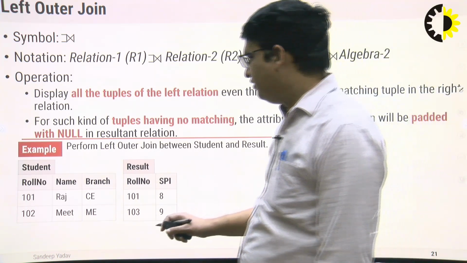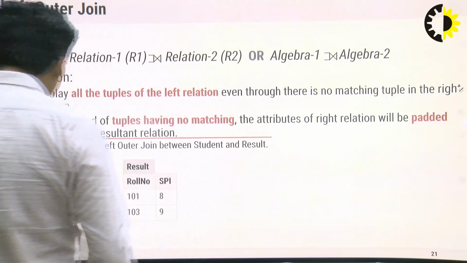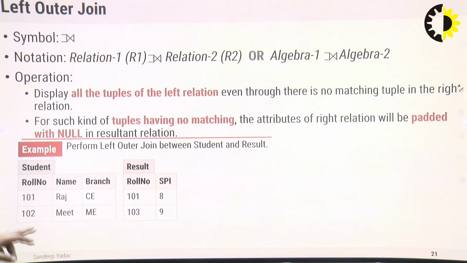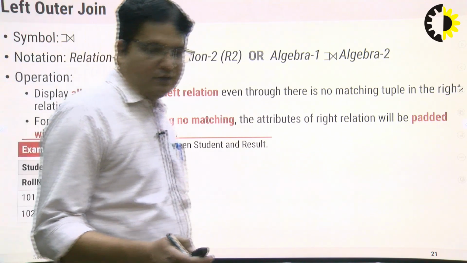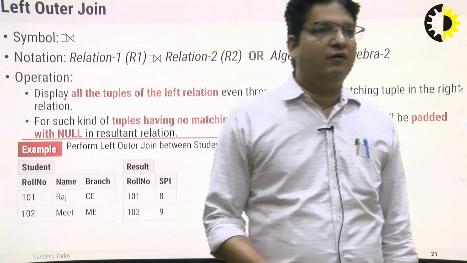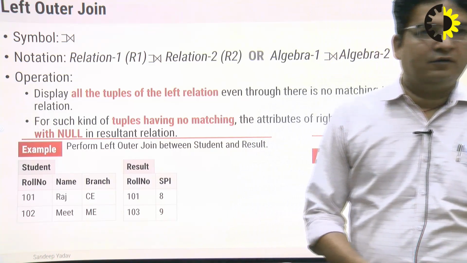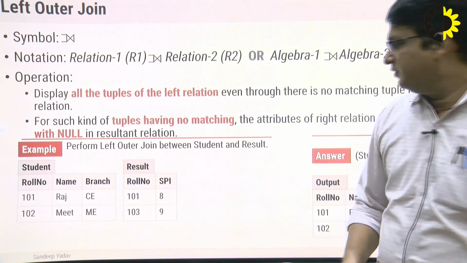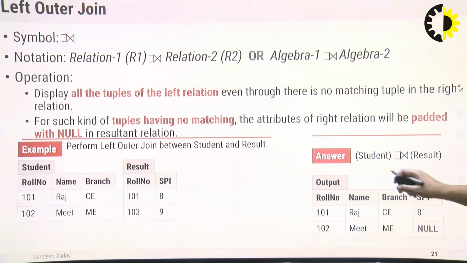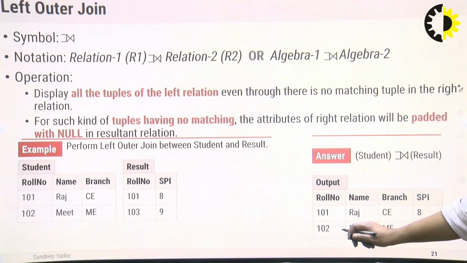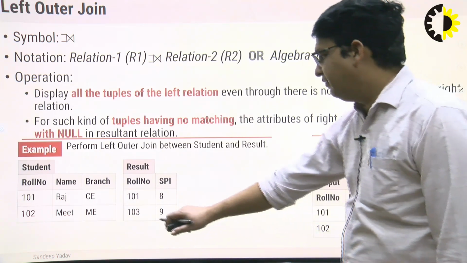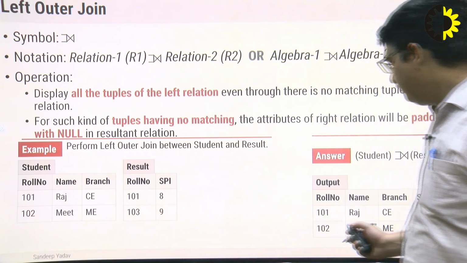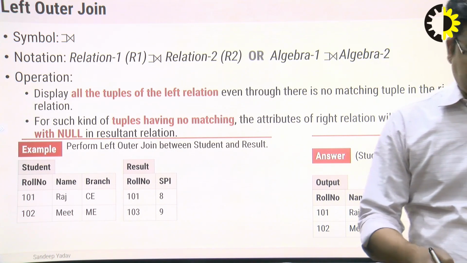If we use natural join, the answer will be only this one, 101 Raj and C. But since we want to show 102 also, we will be using left outer join. This is how it works. Student left outer join result.